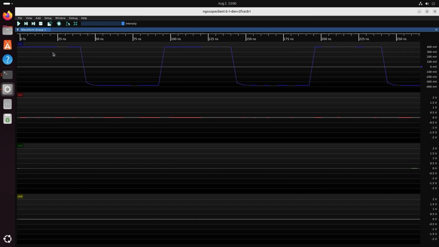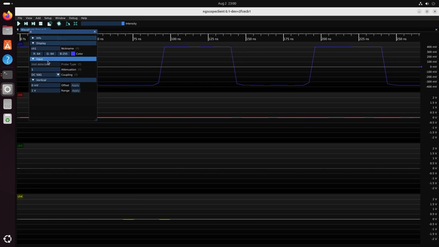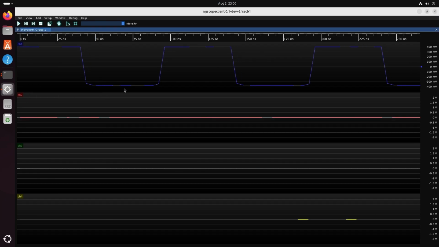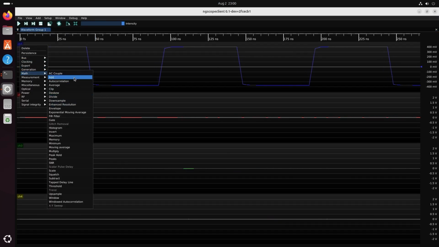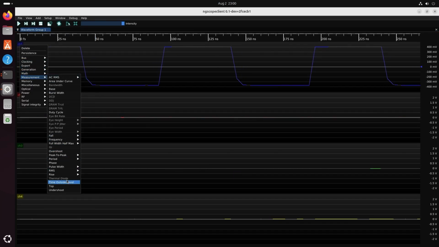Now this is 50 ohm mode because it's a 50 ohm output pulse generator. Let's take a measurement here of the rise time.